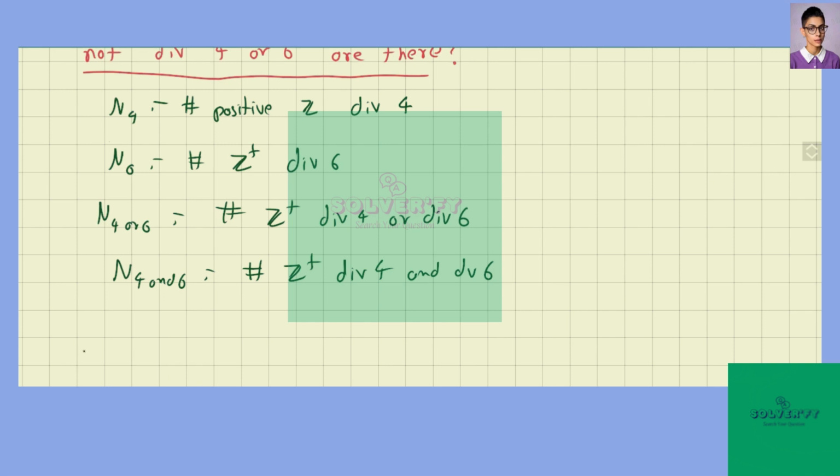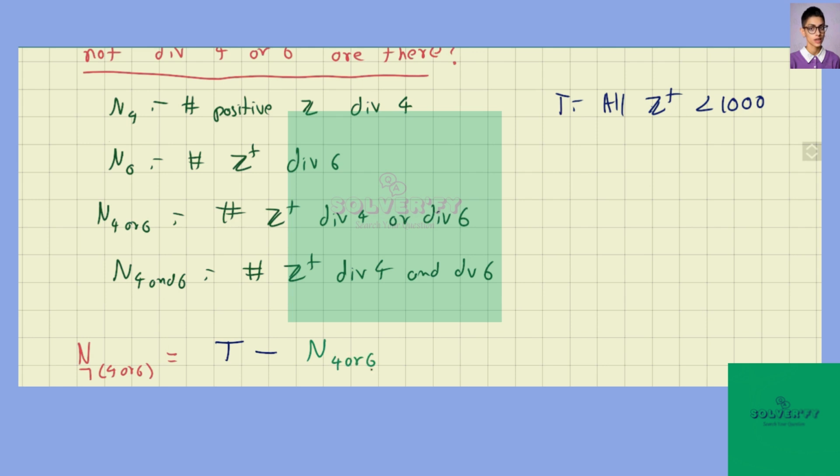So in this exercise we need to count the number of positive integers that are not divisible by 4 or 6. This translates to taking the total, all the possibilities that I forgot to put here, all the positive integers less than 1000, minus those numbers that are divisible by 4 or 6.